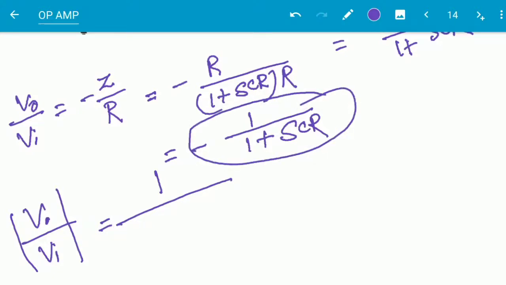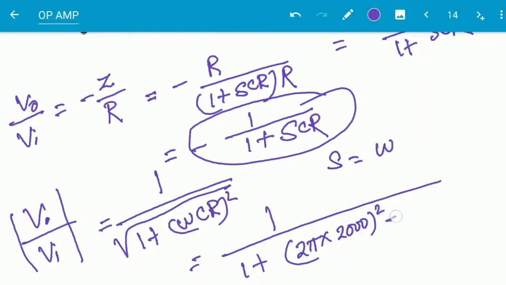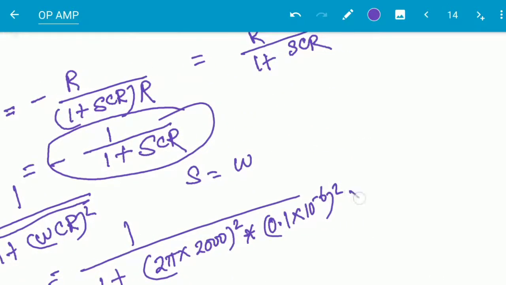So this will be 1 over the square root of 1 plus omega CR whole squared, where omega is given as 2 pi into 2000, C is given as 0.1 microfarad, that is 10 to the power minus 6, and R is given as 1 kilo-ohm.